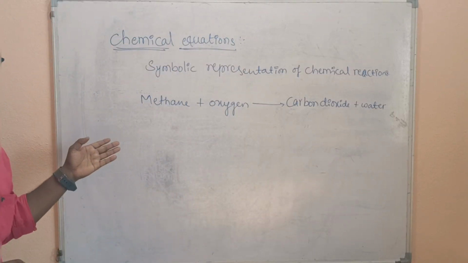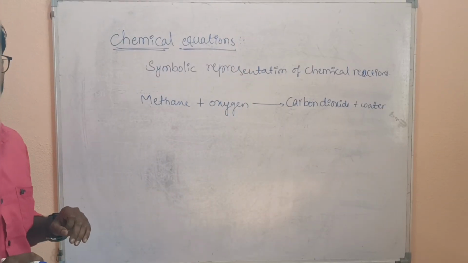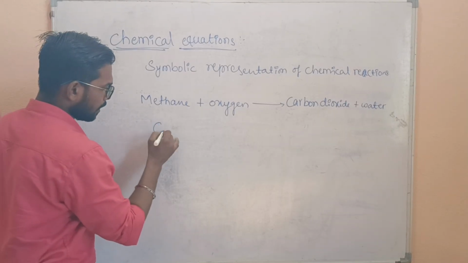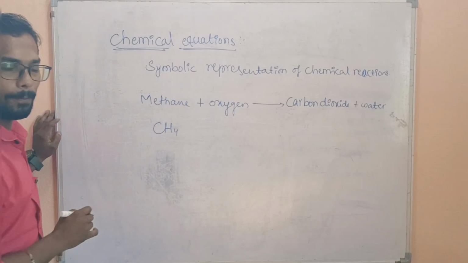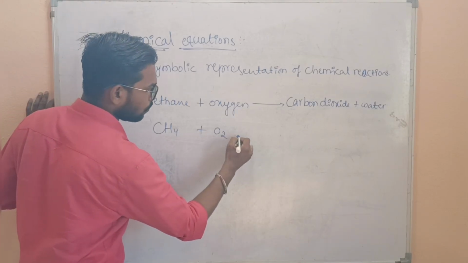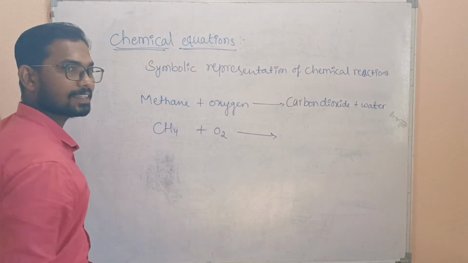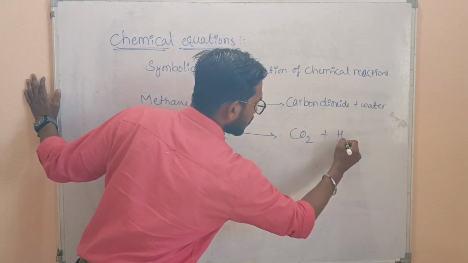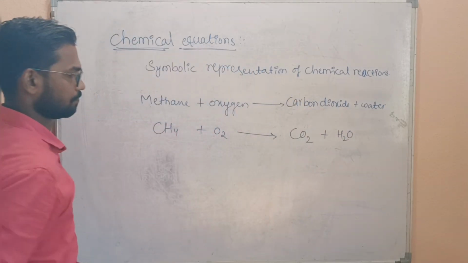So this is the word form of the chemical equation. We have to write it in symbolic form. You already know the formula of methane, that is CH4, and oxygen is O2. It is going to form carbon dioxide, CO2, and H2O.